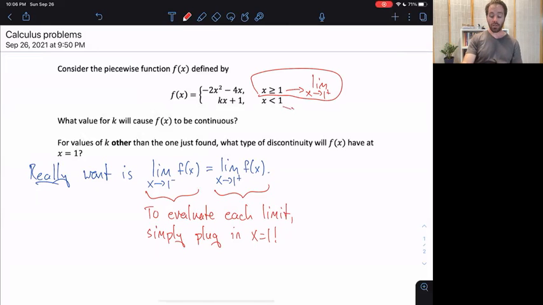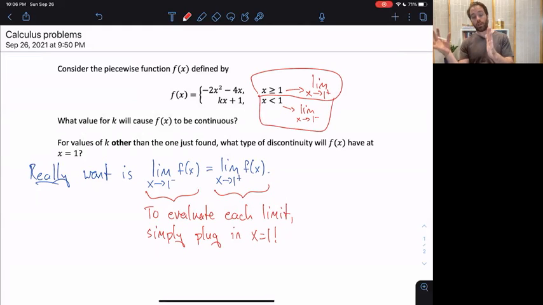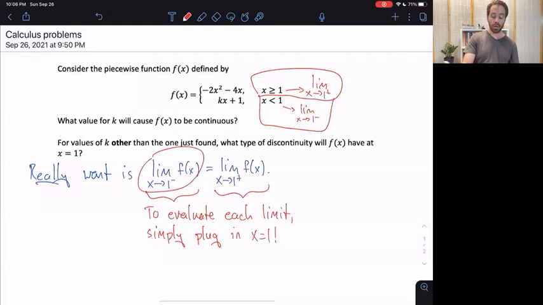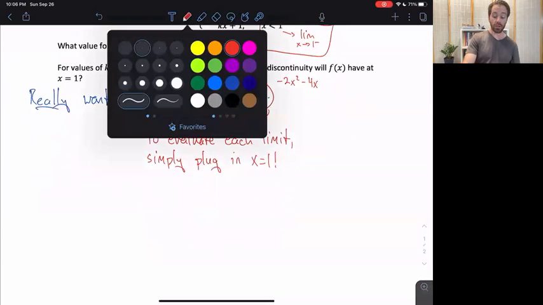On the other hand, this is the formula that will govern the left-hand limit for the exact opposite reason, that these are all the things that are below 1. And so as you count up to 1, you are coming at it from the left. So this one right here is kx plus 1, and this one right here is going to be negative 2x squared minus 4x.